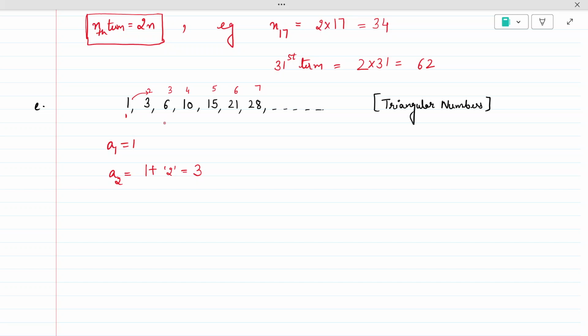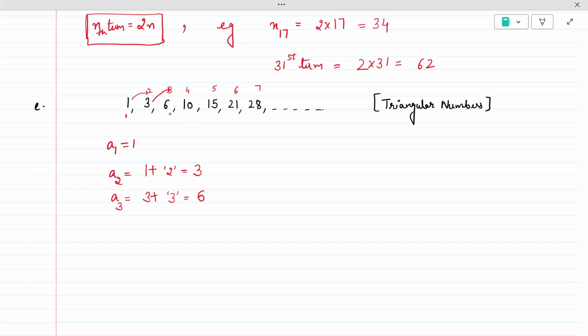Now this is the third position, A3. If I have to find out the value, what I'll do is, I will add the previous number, which was 3, to the position of the current number, which is again 3. So this 3 plus this position 3, we will get 6.